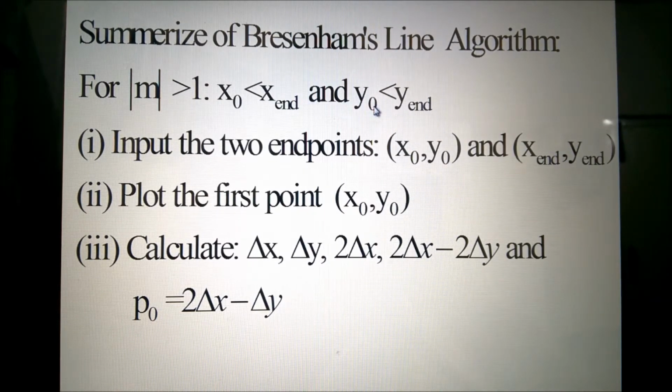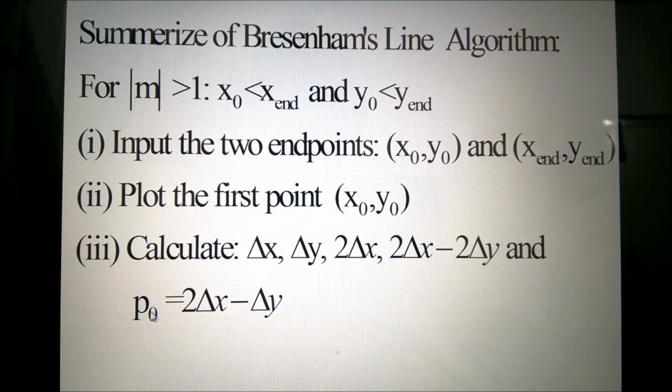In this case also we take the two extreme points of the line, and first we plot the first point. In this case, whatever we got in the earlier case, x will be replaced by y and y will be replaced by x, and therefore we find this value.